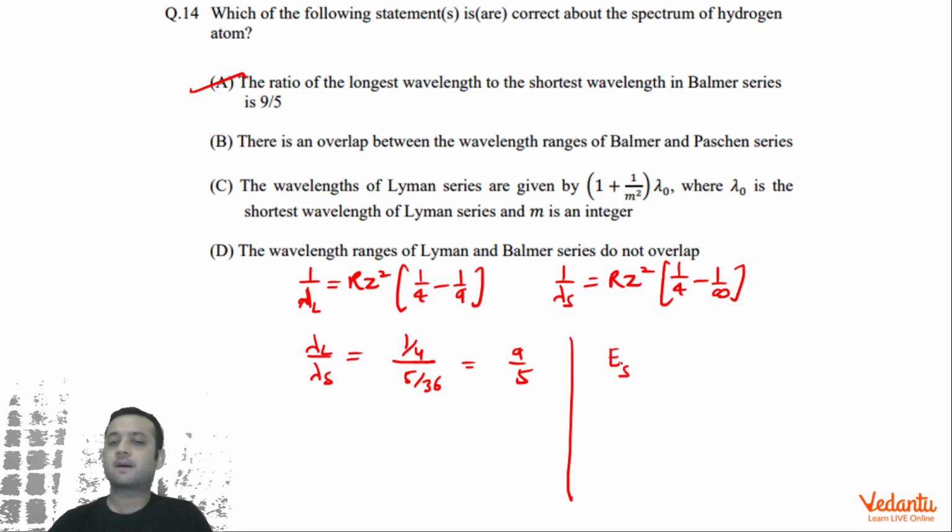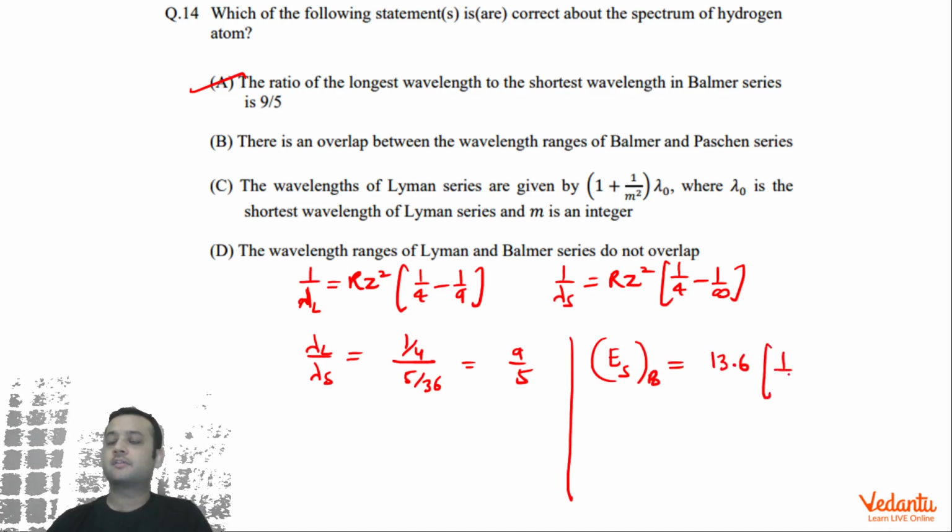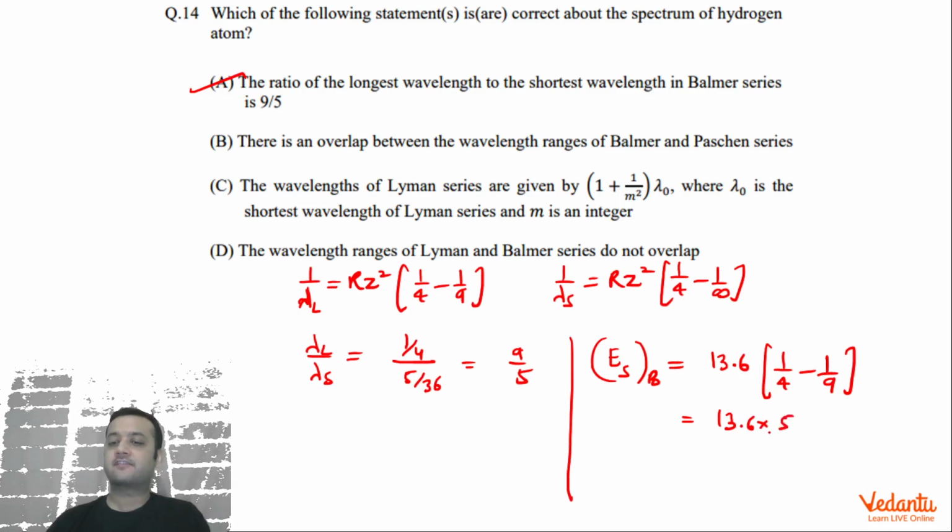E smallest of Balmer will be 13.6 into 1 by 4 minus 1 by 9. Again, the smallest energy will be when the transition happens from n equals 3 to n equals 2, right? So what is this? 13.6 into 9 minus 4 is 5 upon 36. This is the smallest possible energy of Balmer.